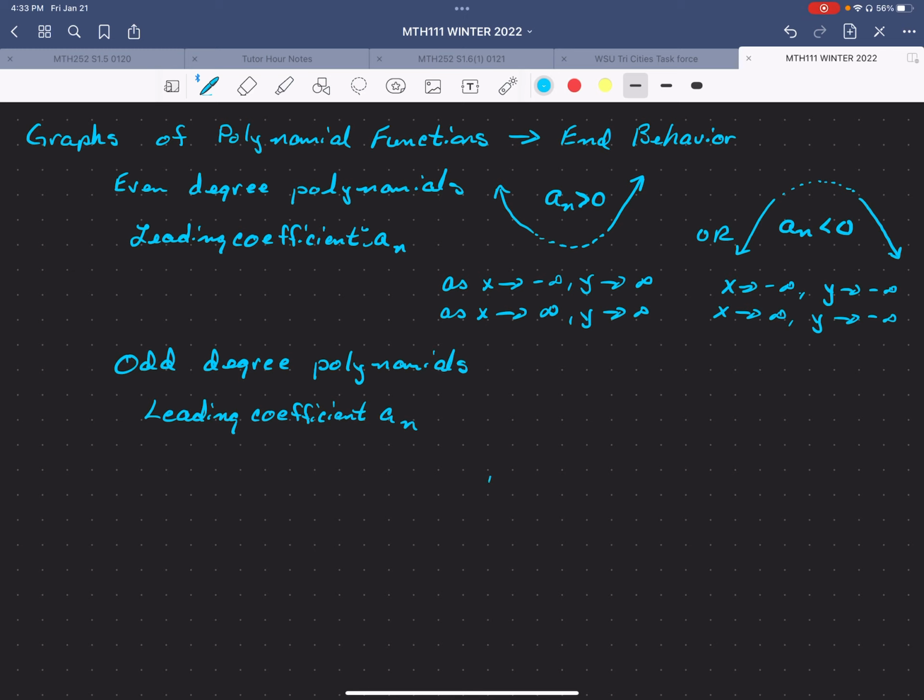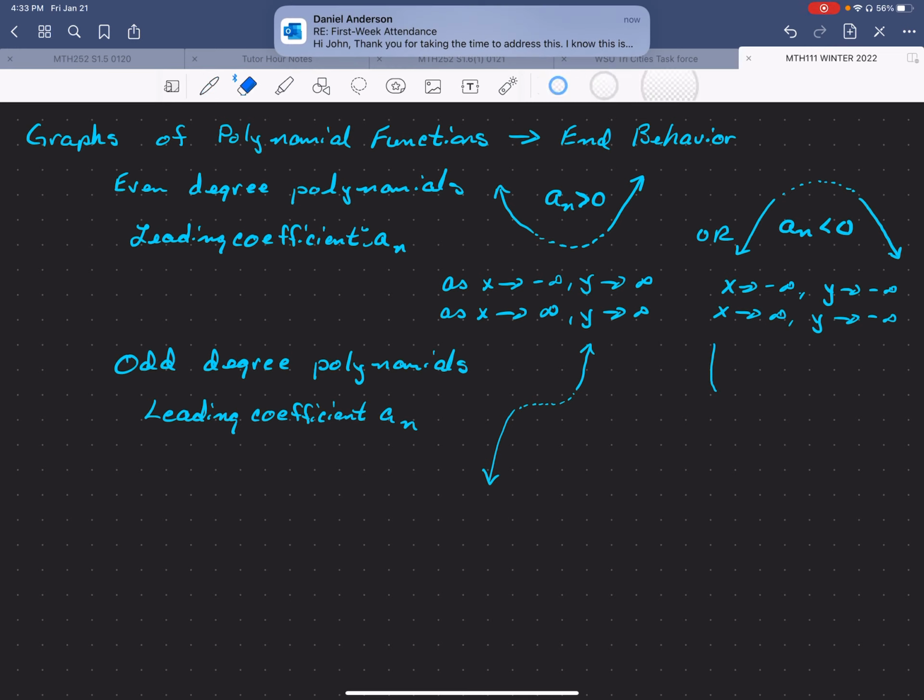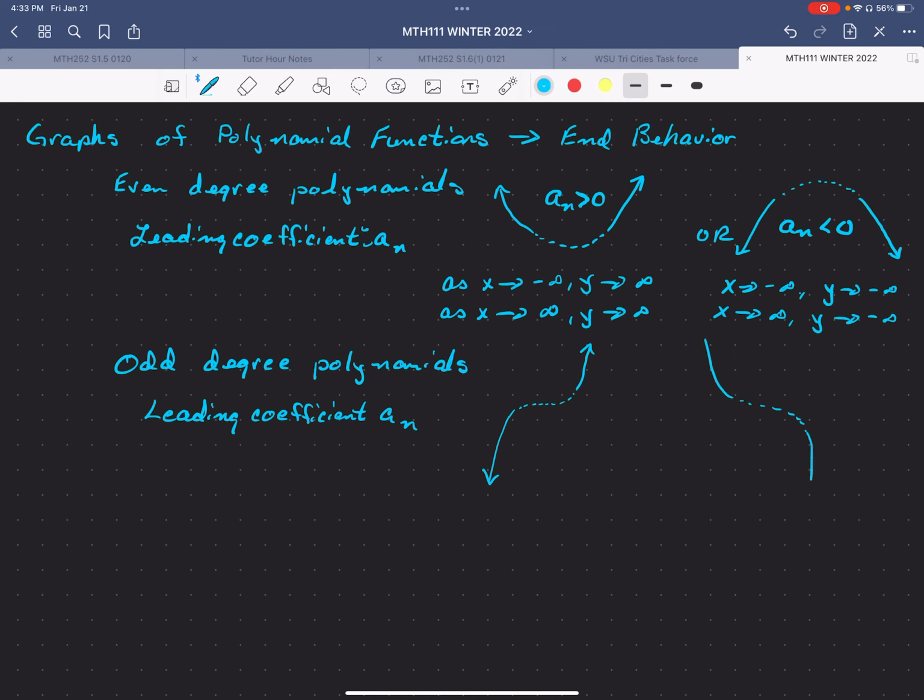So they're going to look like this, and there might be some weirdness in between here. Or they might look like this. We're not going to worry about the weirdness in between. They might look like that.